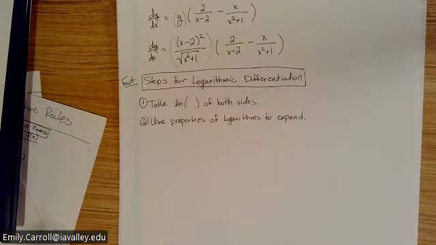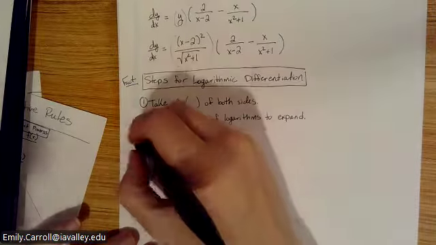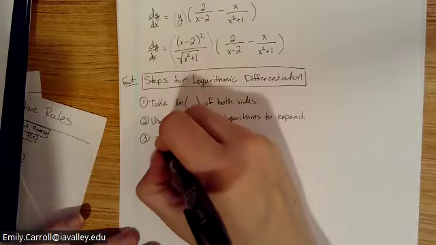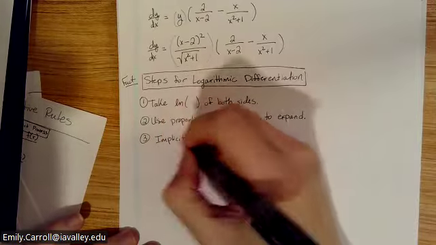So you'll have ln of one jumbled mess, and you want to take that jumbled mess and spread it out as much as you can. Step 3 is implicit differentiation.